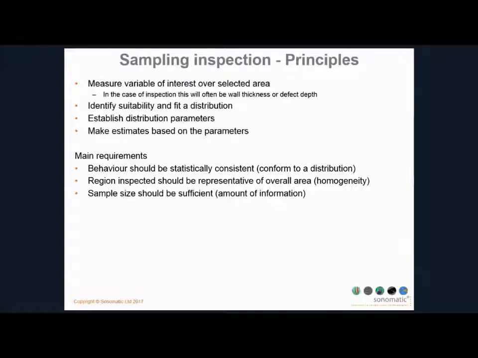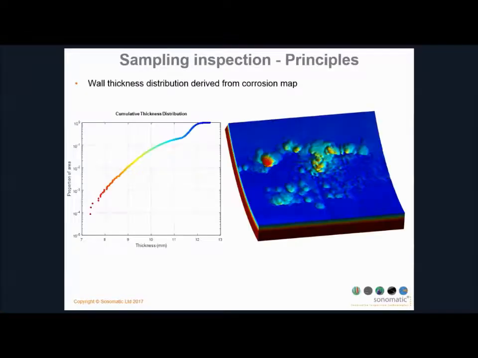So just to give you an understanding of the kind of distributions that we're talking about in looking at inspection data, this slide shows an example and hopefully illustrates the basic principles. On the right here we have a corrosion map over a selected area that's been inspected, presented in 3D so you can clearly see where there's corrosion.